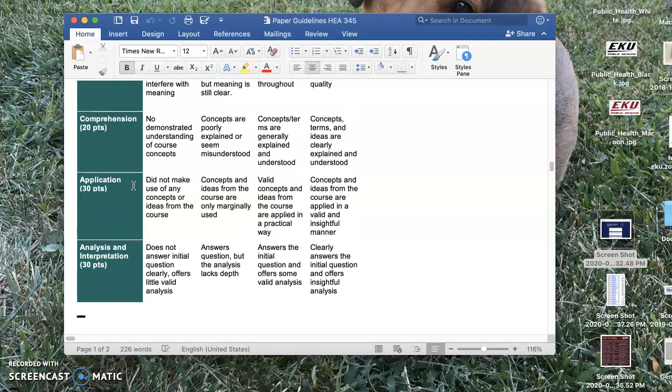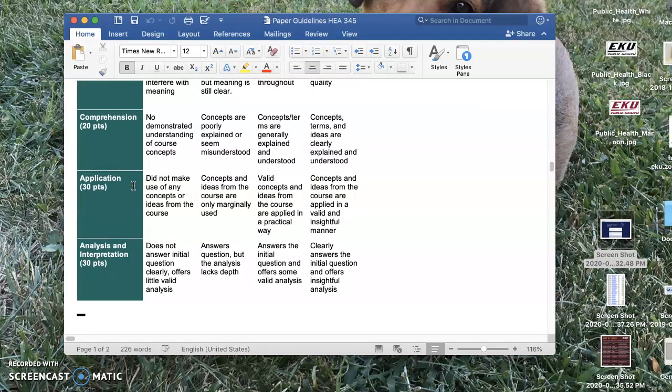Application, then, we're looking at, were you able to apply ideas from the course in an insightful manner? Looking at different ways of treatment, looking at prevention, how can we treat this specific substance use disorder in a novel and helpful way.